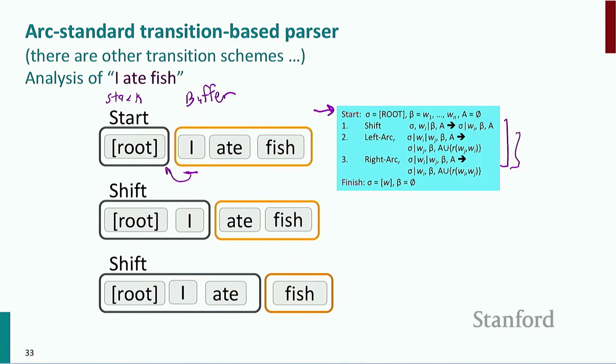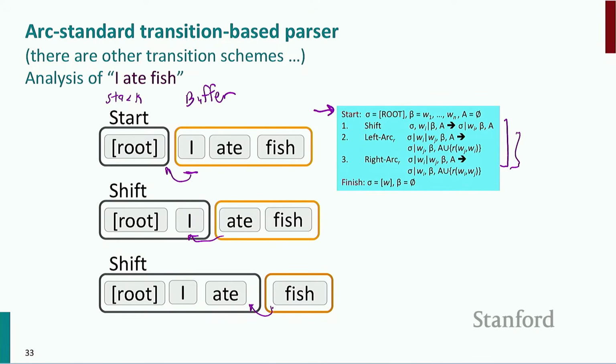So here is a sequence of operations I can take. Starting off, the first thing I can do is shift. So then I've moved I onto the stack. I can decide that I want to shift again, and so then I'd take ate and also move it onto the stack. And so I've now got 3 things on my stack. At this point, I can do other things.